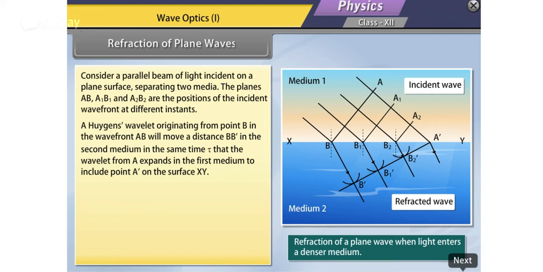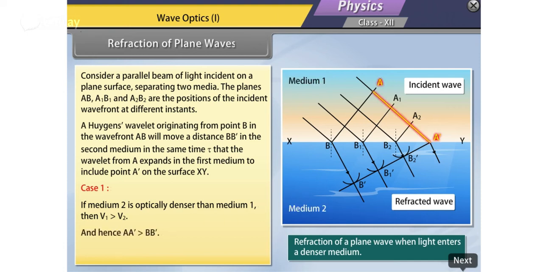the surface XY. Since the two wavelets with radii AA' and BB' are not in the same medium, they move with different speeds, say V1 and V2 respectively. Case 1. If medium 2 is optically denser than medium 1, then V1 is greater than V2 and hence AA' is greater than BB'.